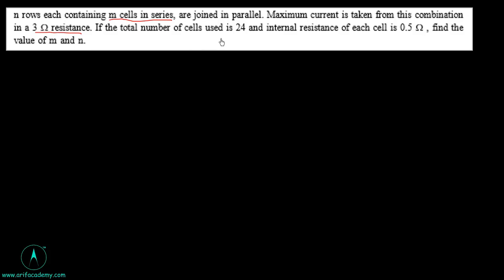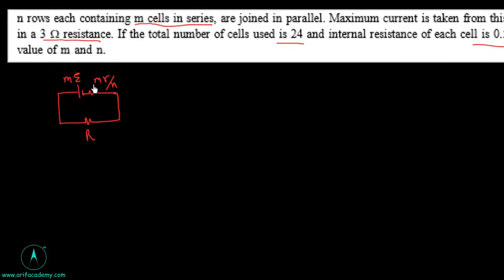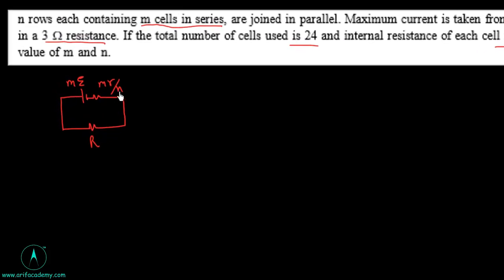If the total number of cells used is 24 and the internal resistance of each cell is 0.5, find the values of M and N. So the equivalent circuit for this mixed grouping can be written with EMF mE and internal resistance mr by n, and the total number of cells, we know, is mn, given as 24.